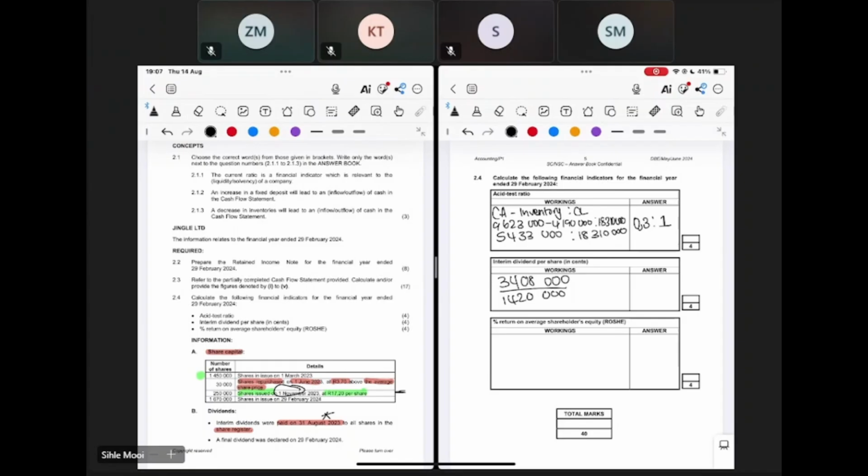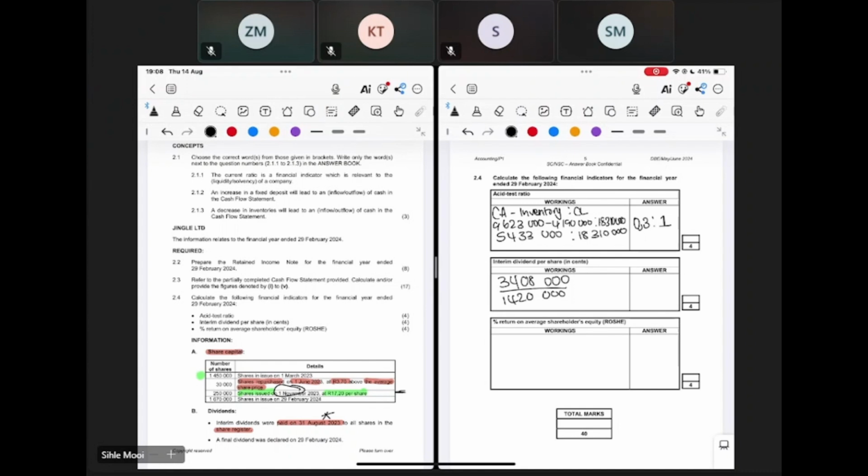Okay, so our interim dividend was issued on the 31st of August. The shares were issued on the 1st of November, so we can't include those in our calculation.